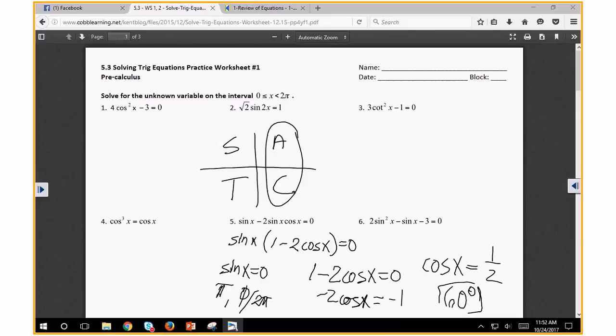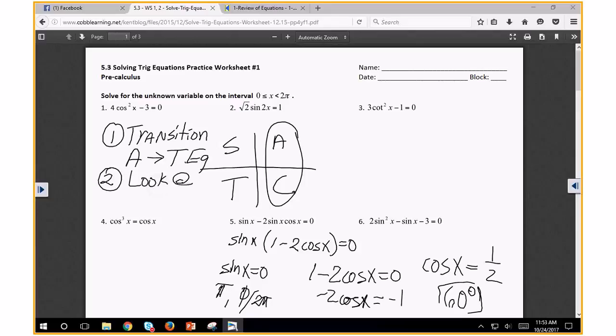Now, I'm adding some things as I go because that way, one, you make the transition from what? From algebra to what? To trig equations. Two, you look at the solution and determine the angle.